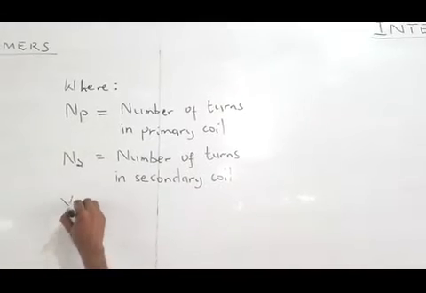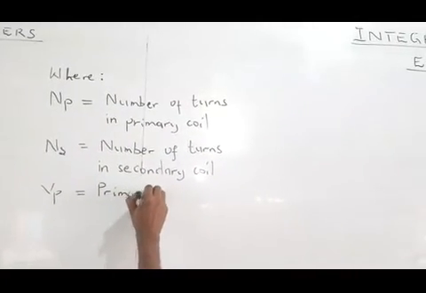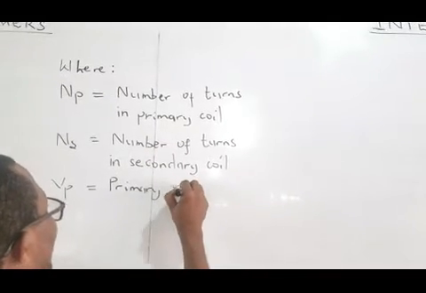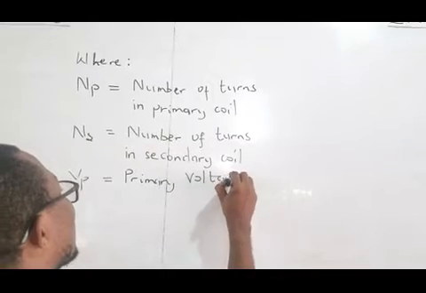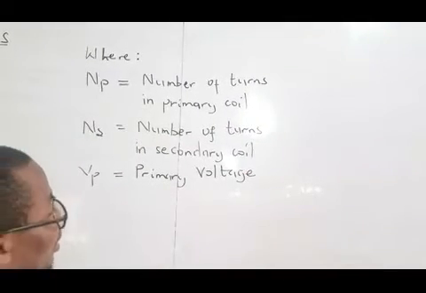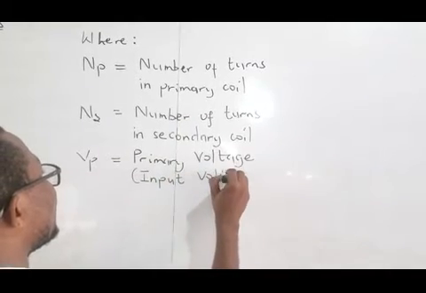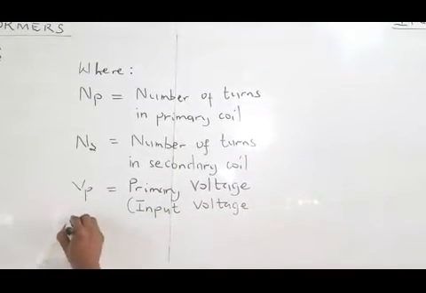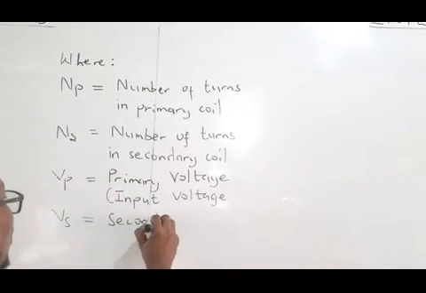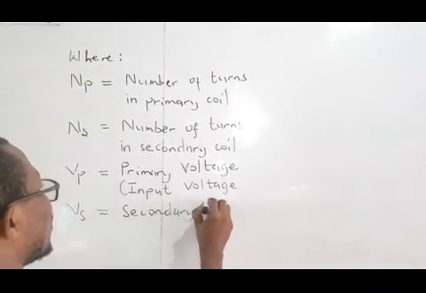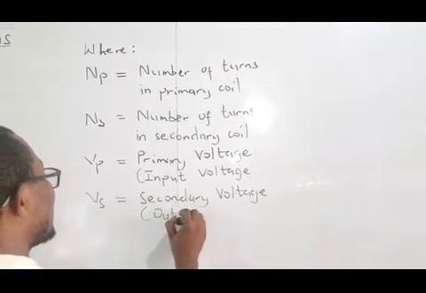Your VP is equal to the primary voltage, which is the same as the input voltage. Your VS is the secondary voltage, which is also the same as the output voltage.